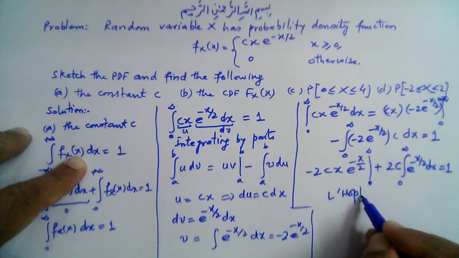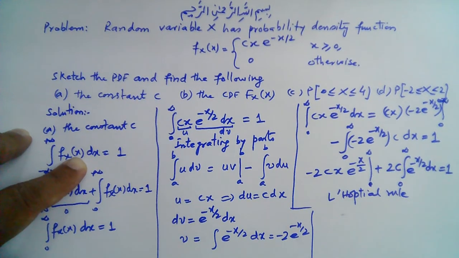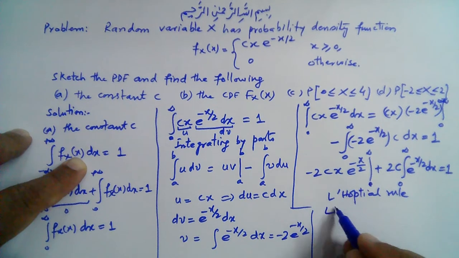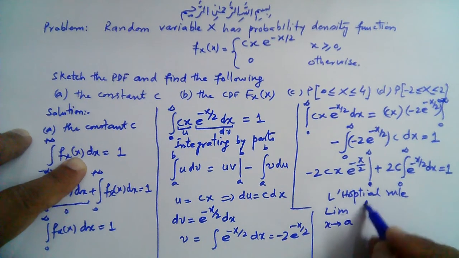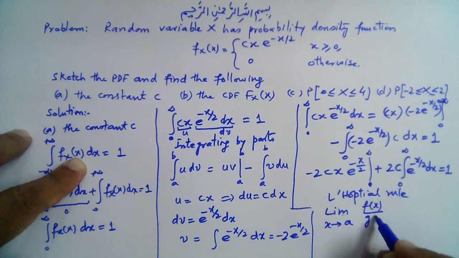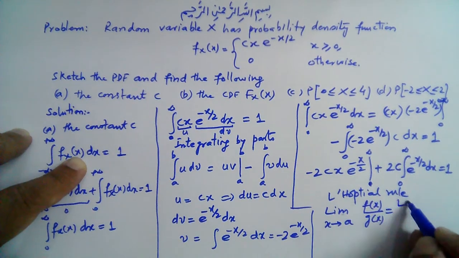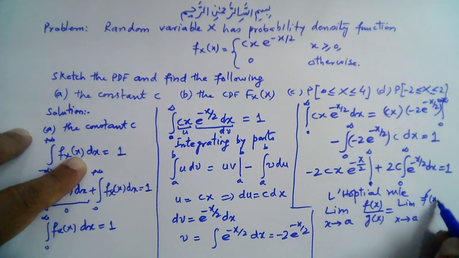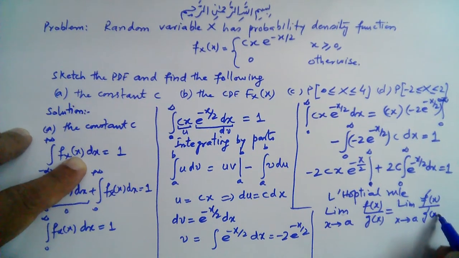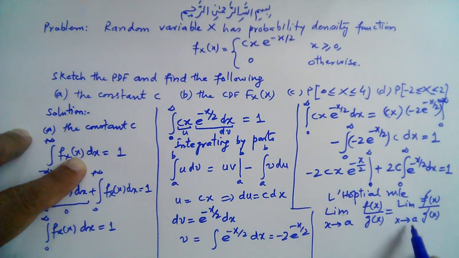According to this rule, the limit when x tends to, for example, a constant a, of the ratio f of x over g of x is equal to the limit when x tends to a of f dash of x, the first derivative of f of x, over g dash of x, the first derivative. So we can differentiate the numerator and the denominator, and then we can put in the limit and evaluate it.